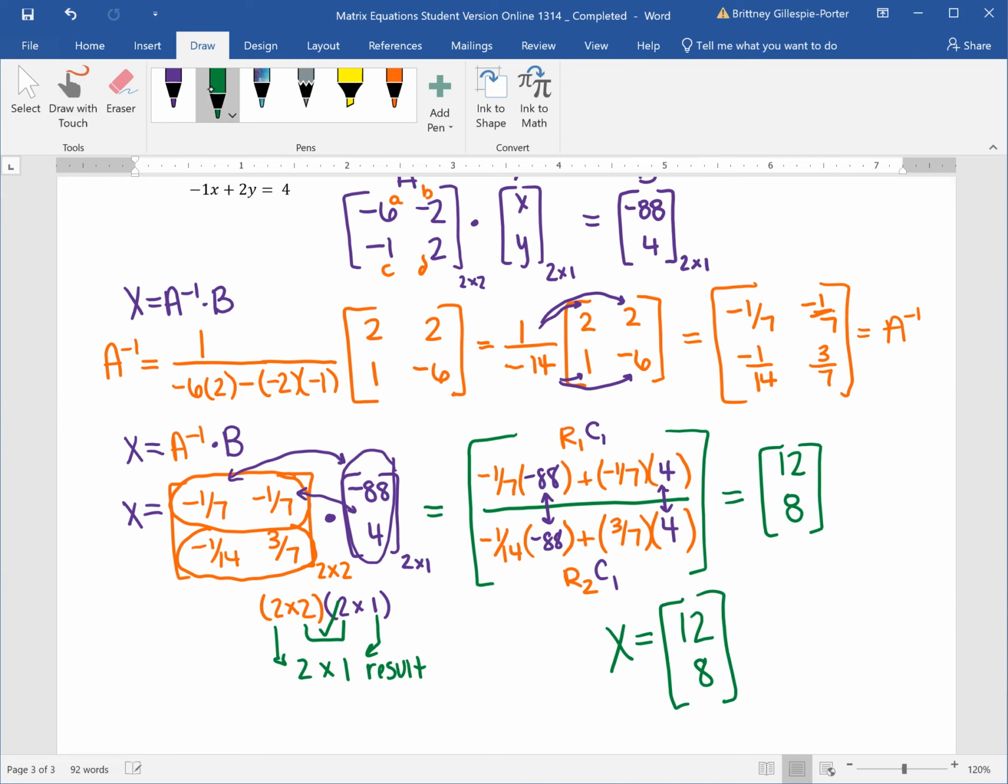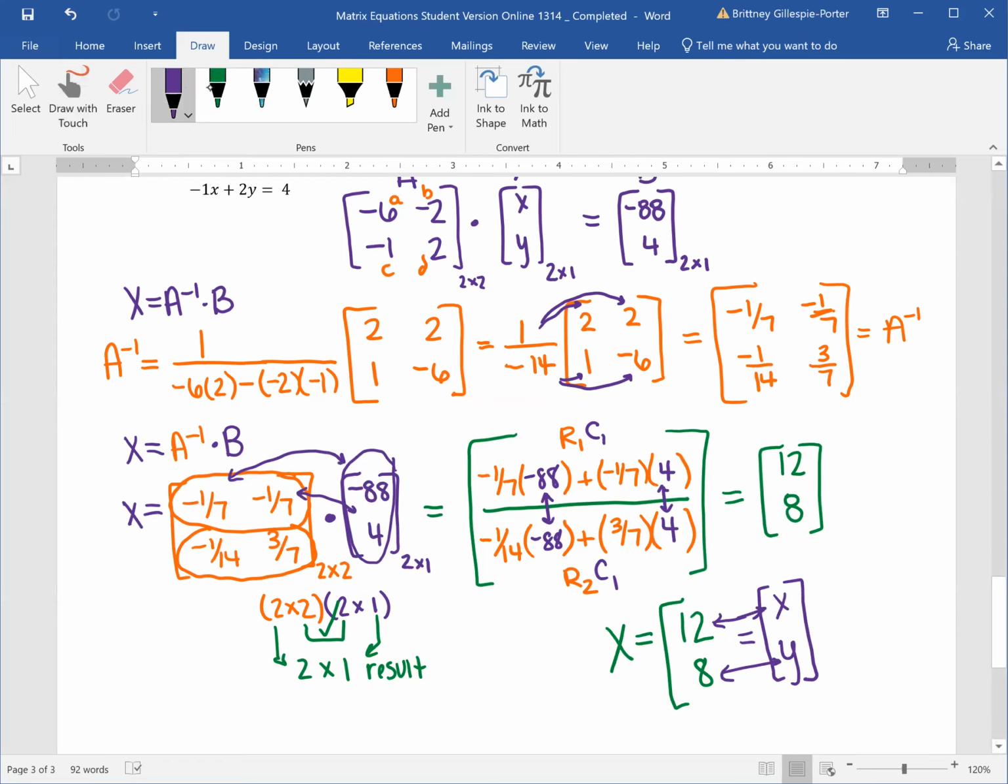Remember, if I was just asking you to find the variable matrix, we would be done, but we're not, because we asked you to solve the system of equations. But remember that our X matrix was equal to little x, little y in the 2 by 1 matrix, which means that we do have our answers.